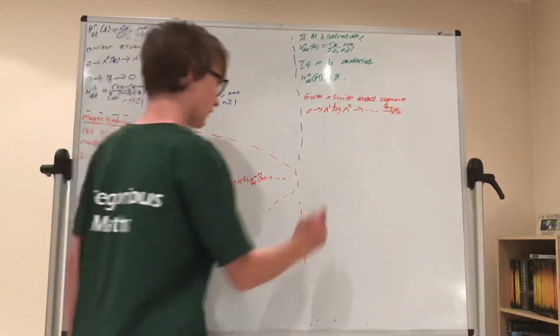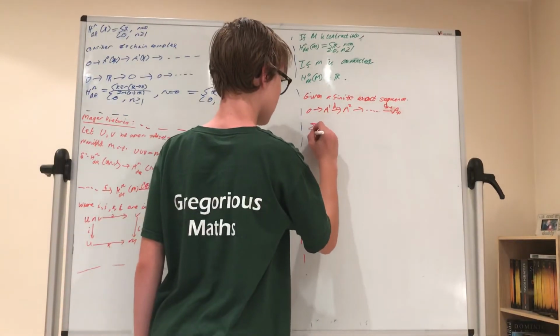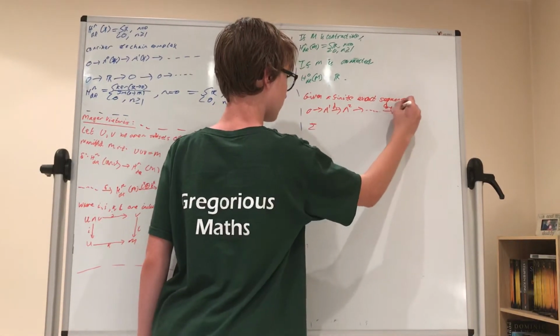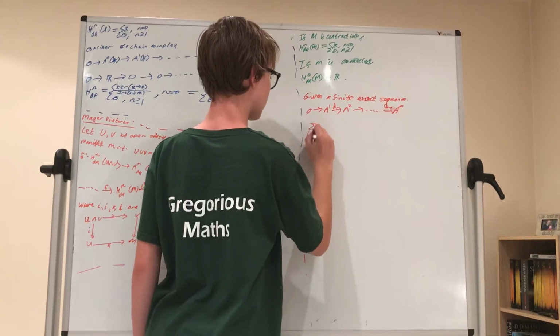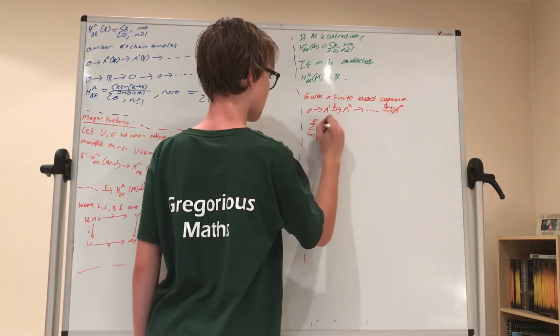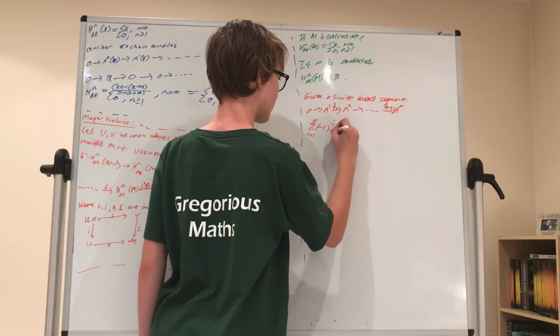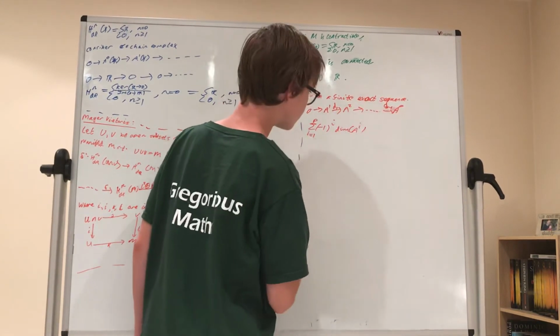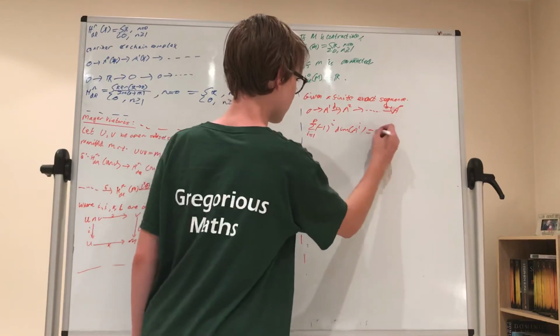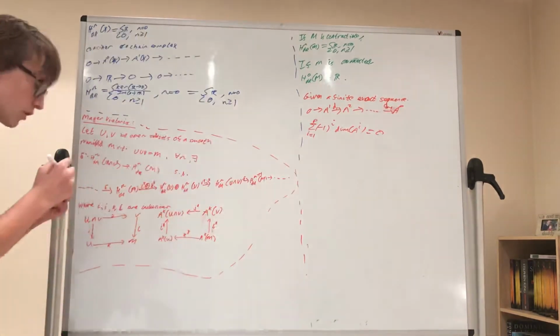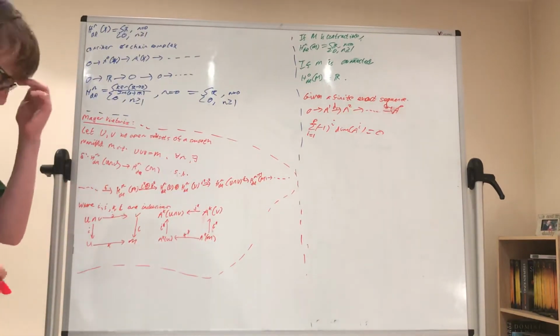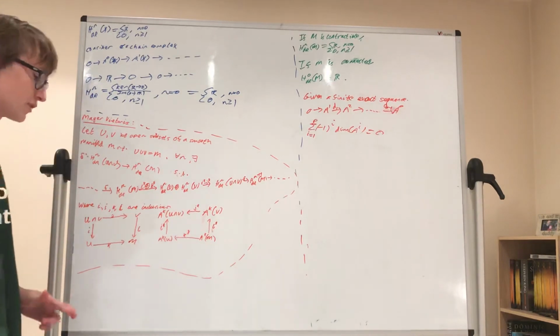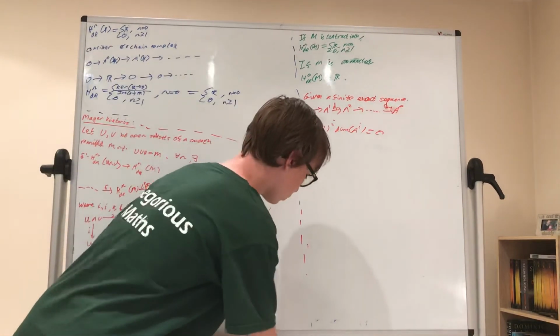Then the sum from i equals 1 to p of (-1)^i times the dimension of A_i is equal to 0. Now we're equipped with the tools we need.